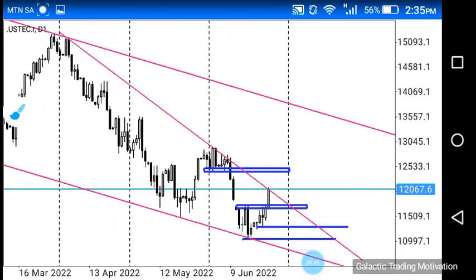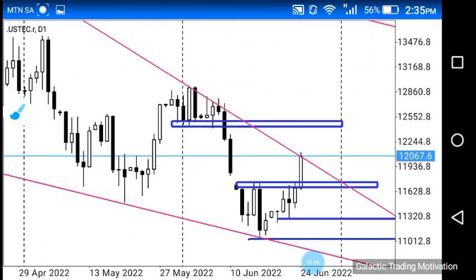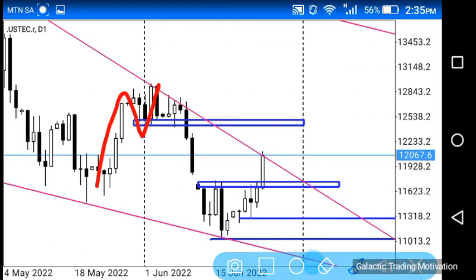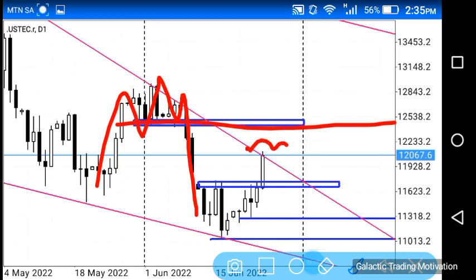So what may happen, I believe, in the next week, is that since we have this pattern over here, and we said that we might see price testing this neckline, the market maker knows that there are a lot of stops in this region.